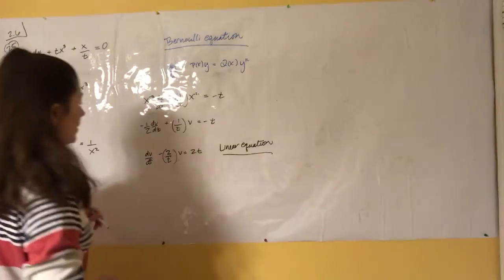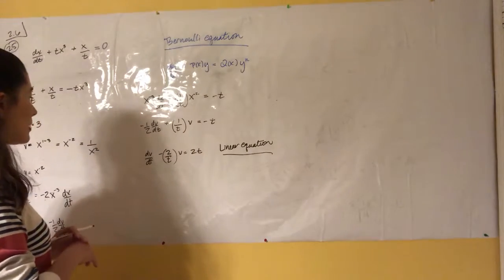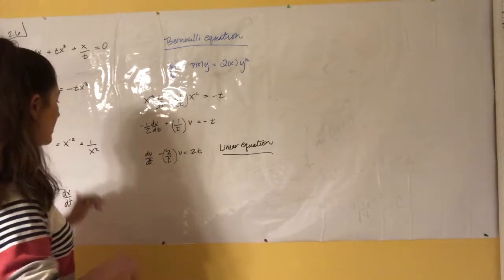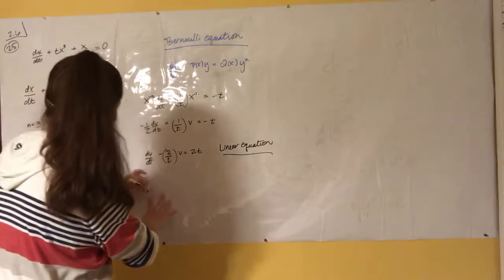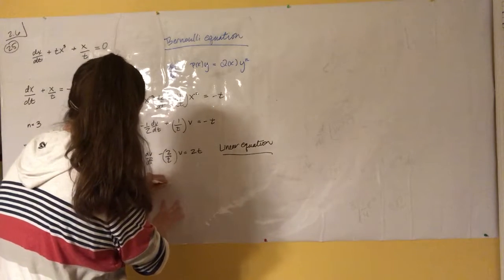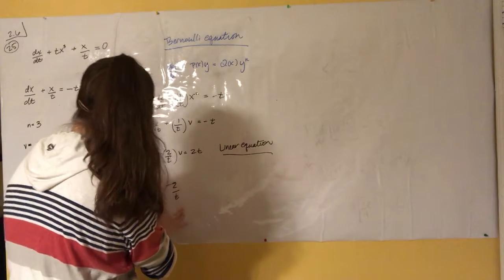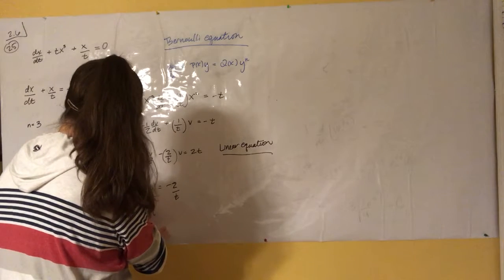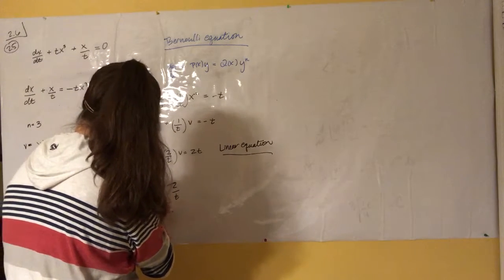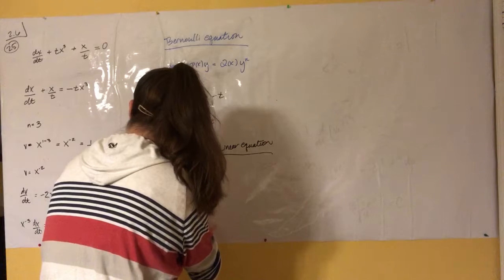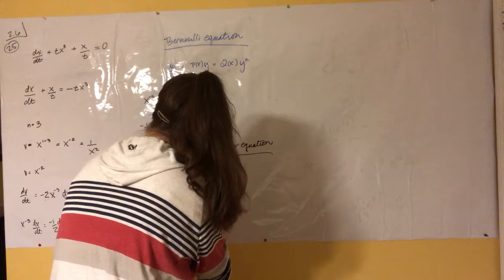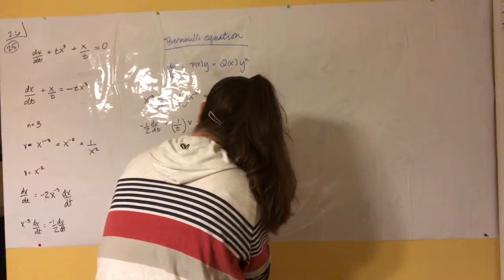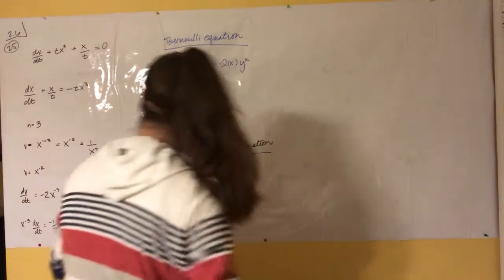Okay. And so for a linear equation, remember you have to find the function in terms of the independent variable. In this case, it's p of t is equal to negative 2 over t. And then you want to find the integral of that. It's going to be negative 2 ln t, okay?